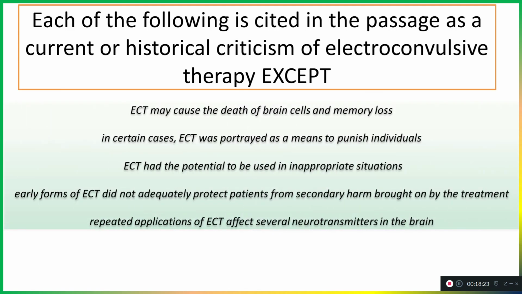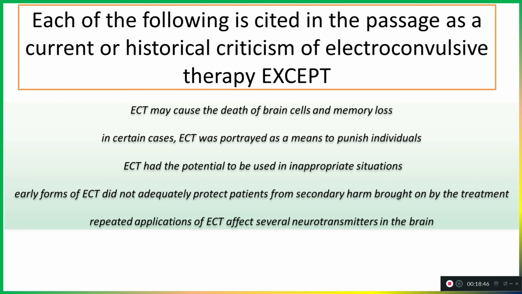Each of the following is cited in the passage as a current or historical criticism of electroconvulsive therapy except this. So we have to find out which is not the historical criticism or current criticism that is given in the passage. First, ECT may cause the death of brain cells and memory loss, explicitly mentioned.